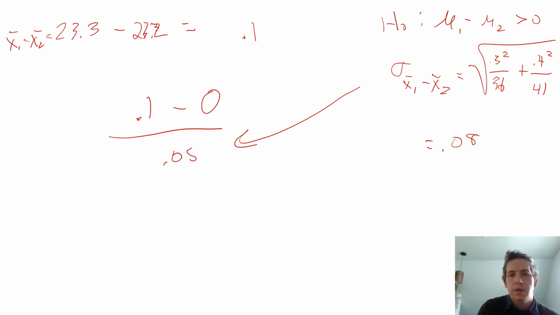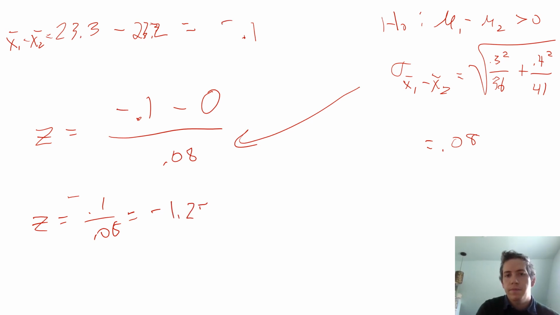Put that 0.08 in there. This is my z-score. My z-score in this case is 0.1 over 0.08, which is equal to 1.25. Let's say negative 1.25.